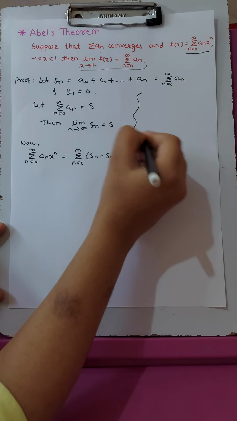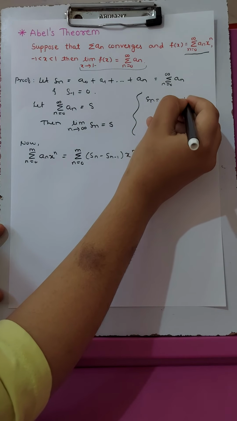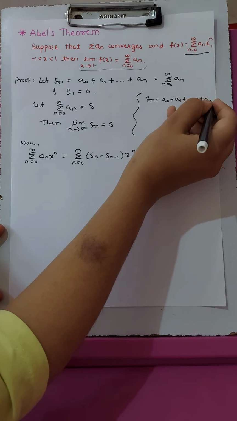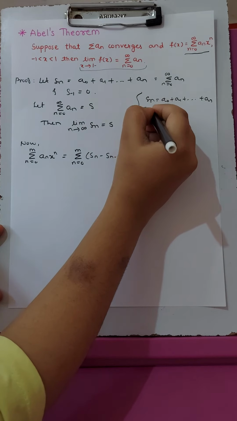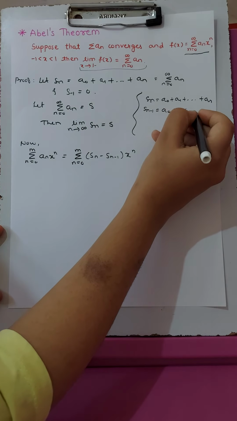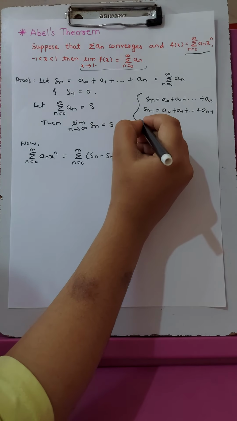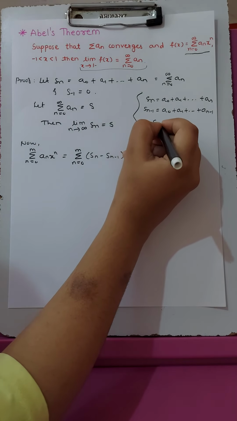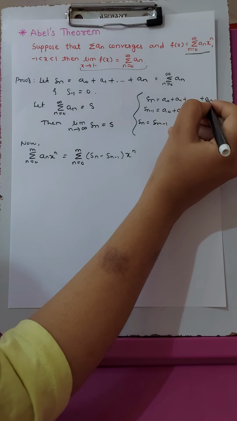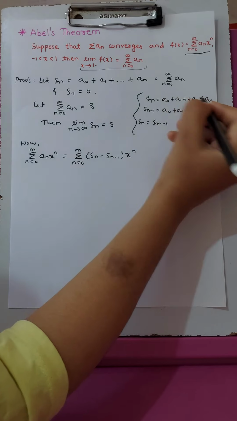Since Sn equals a0 plus a1 up to an, then Sn minus 1 will be equal to a0 plus a1 up to so on an minus 1. Here the term before an will be an minus 1.